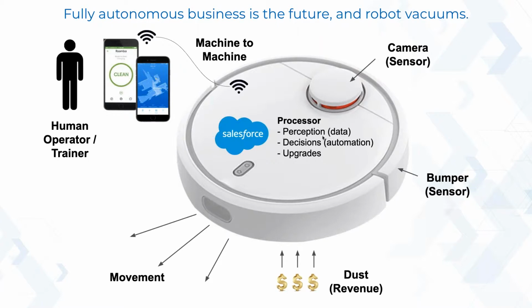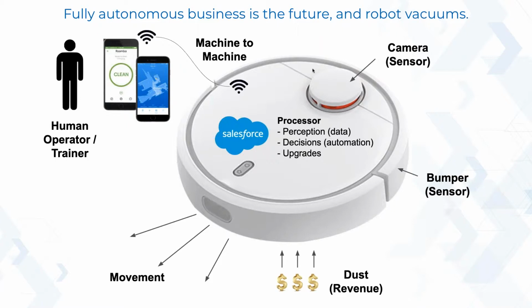The robot maps out everything it knows about the customer and about the business environment it works in. It then uses that data to make decisions automatically, and hopefully it gets upgraded regularly. If you're part of the Salesforce ecosystem, there are 3 major upgrades every year where it really gets cranked up a notch 3 times a year.